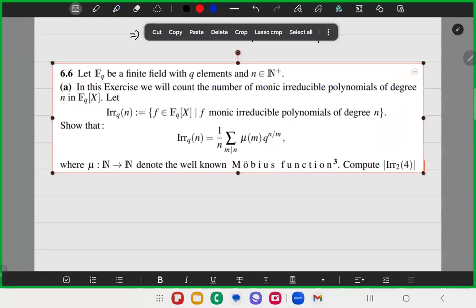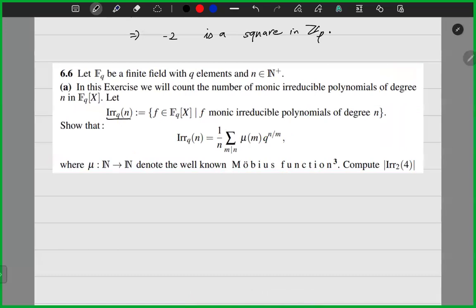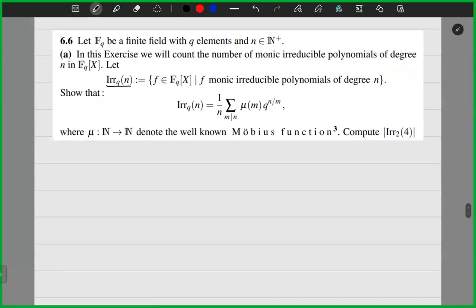Okay, so FQ is a finite field with Q elements. N is some positive integer. In this exercise, we want to count monic irreducible polynomials of degree n. How to count them? Okay, this is the formula.